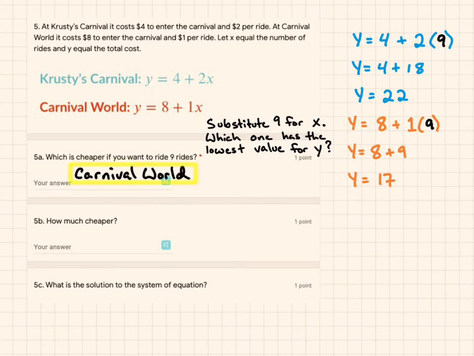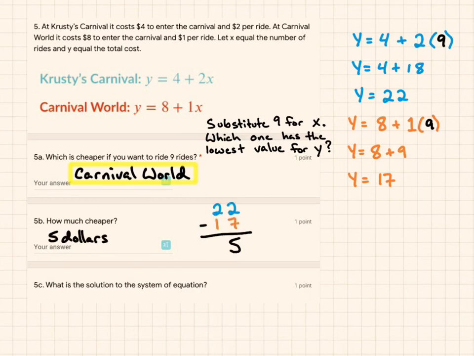So Carnival World is my cheaper of the two. Not the 22, but definitely the 17 is my lower value. And when it says how much cheaper for B, I'm saying what is the difference between 22 and 17? So 22 minus 17 gives me 5.